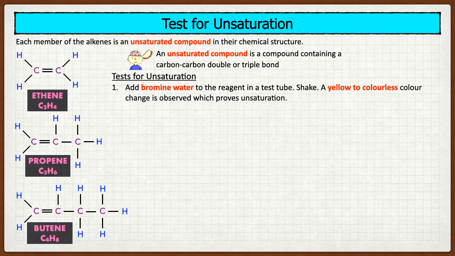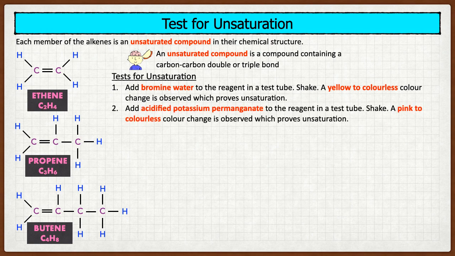In other words, it will prove the presence of an unsaturated compound. My second test is to add acidified potassium permanganate to the reagent. We shake the test tube, and a pink to colourless colour change is observed, and this proves unsaturation.